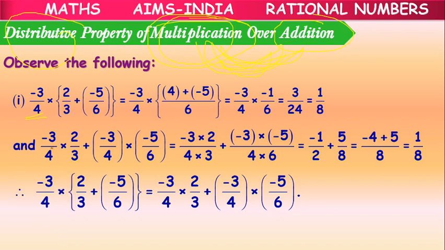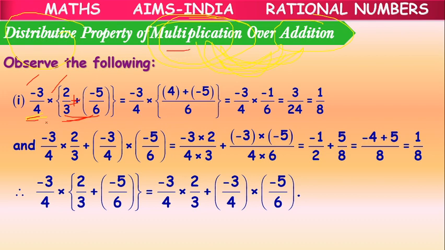Minus 3 by 4 into these two rational numbers plus is there. We have three rational numbers such that first one is multiplied with the sum of the second and third. Now this second and third are simplified.